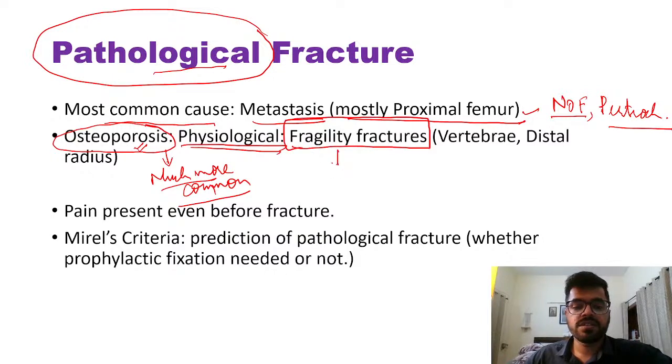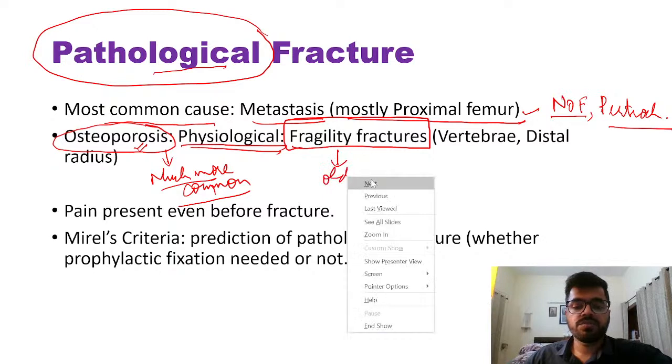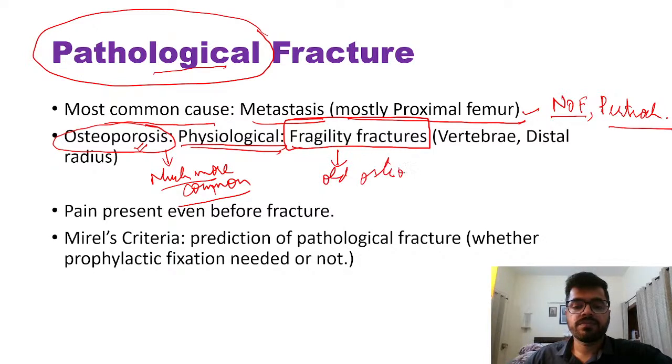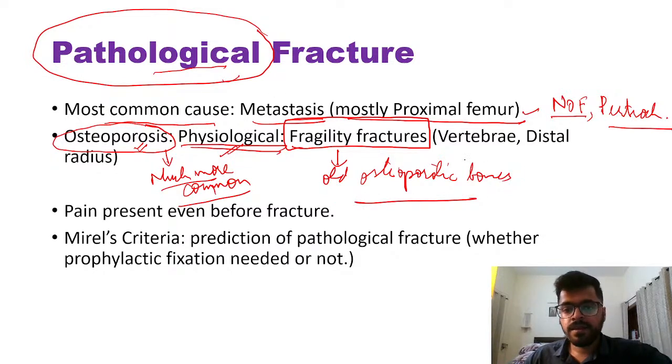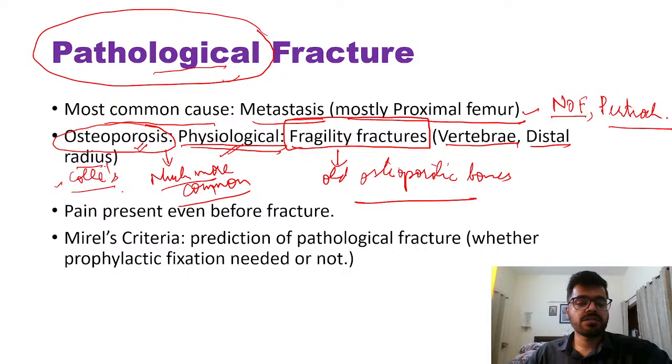Fragility fractures are seen in old osteoporotic bones because it is a physiological condition and not pathological. It is seen in vertebrae and distal radius, like Colles fracture. Seen in old age, it is mostly a fragility fracture. So in pathological fractures, the hallmark is that the pain was present even before the fracture occurred.